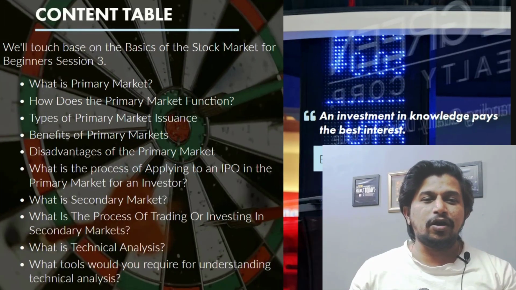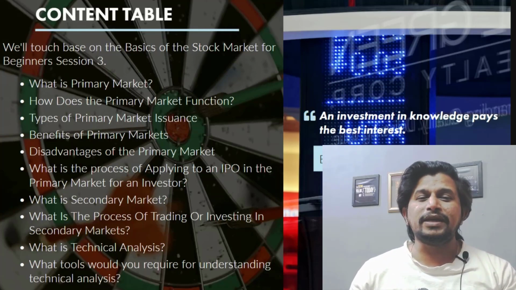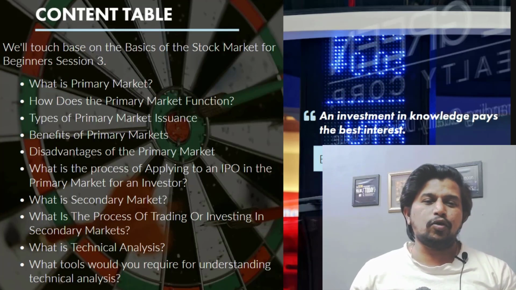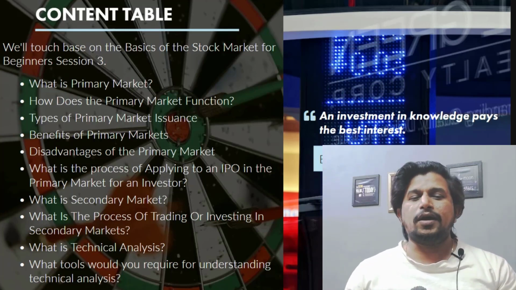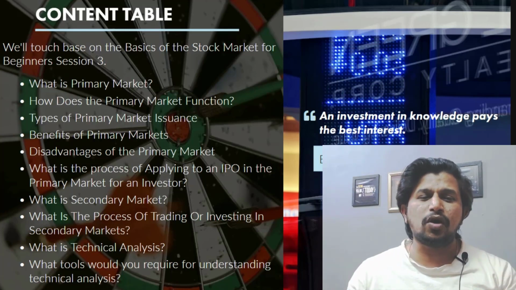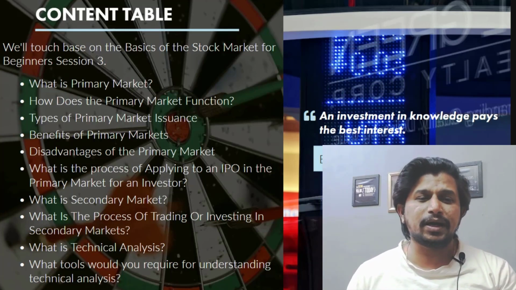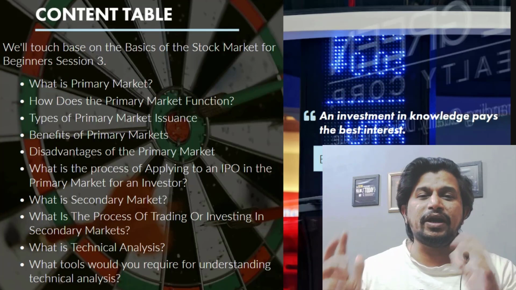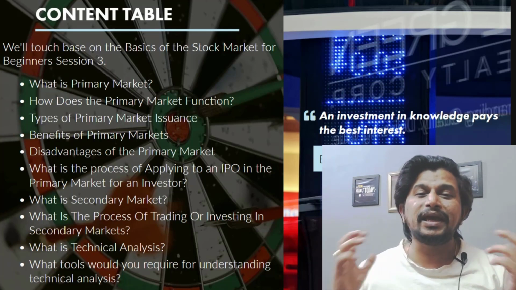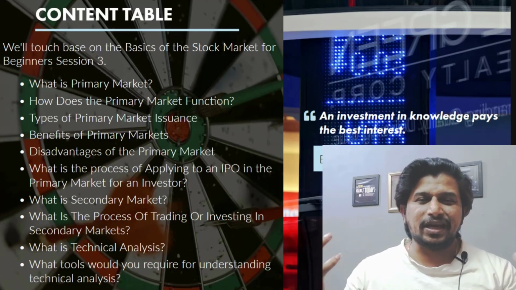Alright, let's jump into the contents. What is available in today's session? We'll touch base on the basics of stock market for beginners session 3, where we will be learning about what is a primary market and how does the primary market function, what are the types of primary market issuances, benefits of primary markets and disadvantages of the primary market, what is the process for applying for an IPO in the primary market, and what is the secondary market.